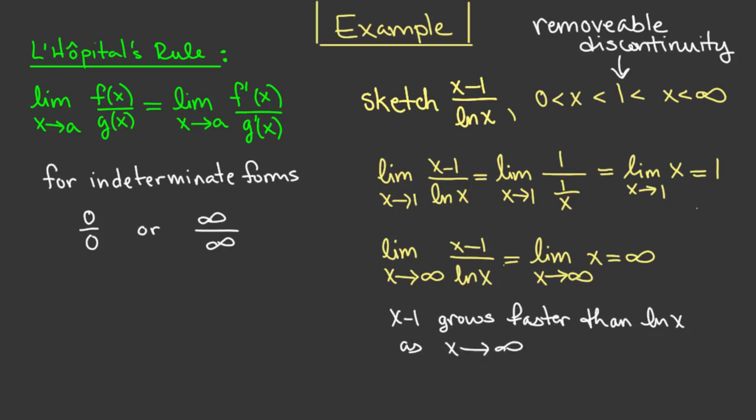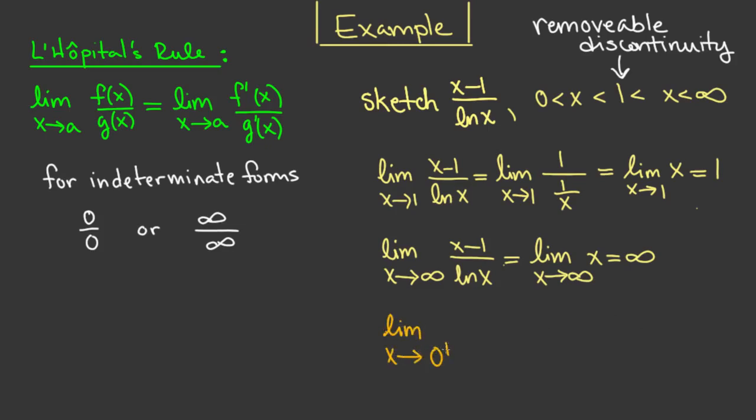You'll do some problems later on that have to do with growth rates of functions. But for now, let's continue and look at the behavior of our function at the left endpoint. That is, we need to compute the limit as x tends to 0 from the right of (x - 1) over log x.